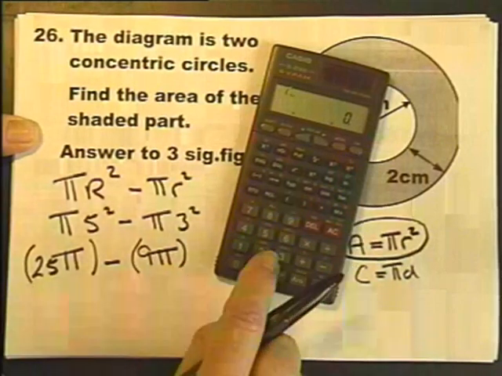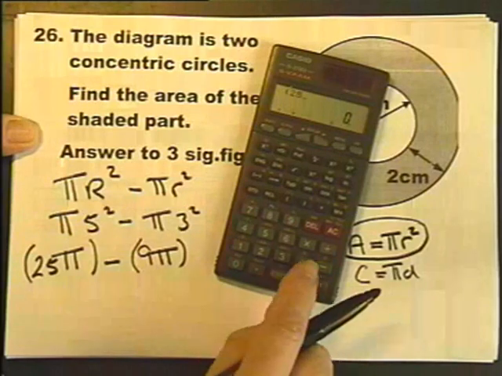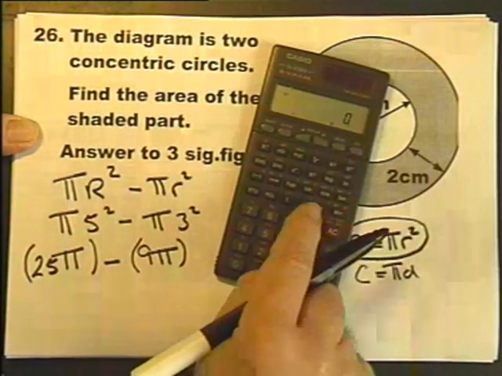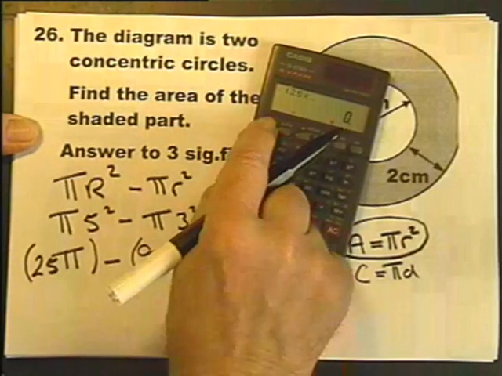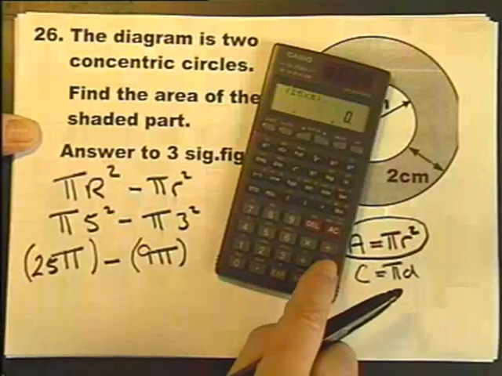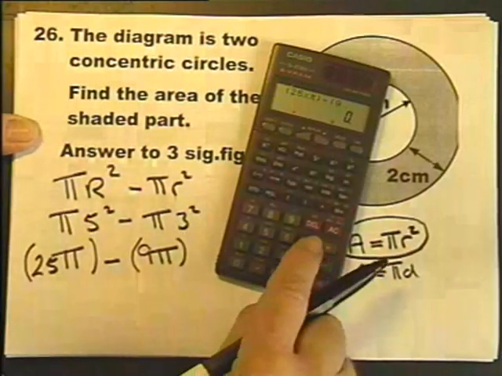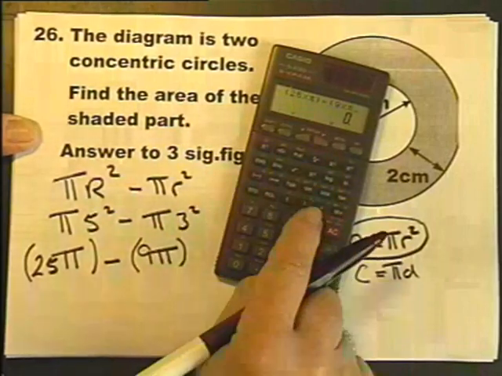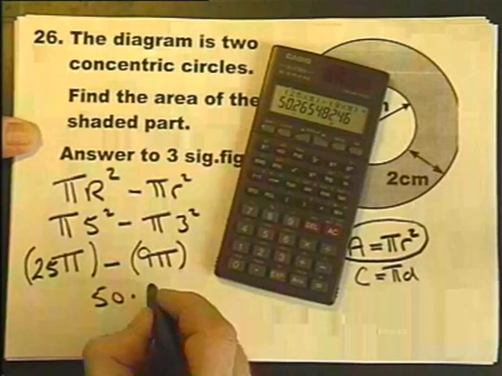Start again. 25 multiplied by the pi button, close brackets, minus, open brackets, 9 multiplied by pi button. With so many buttons to press, it is certainly possible to press wrong buttons.